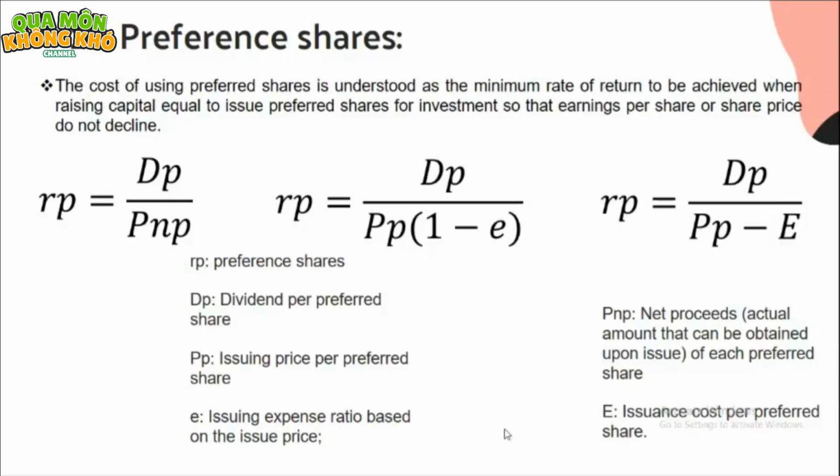And in this part, we have 3 formulas. With RP is the cost of preference share, DP is the dividend per preferred share, PP is the issuing price of preferred share, and E is the issuing expense ratio based on the issue price, and PNP is the net profit, and big E is the issuance cost per preferred share.